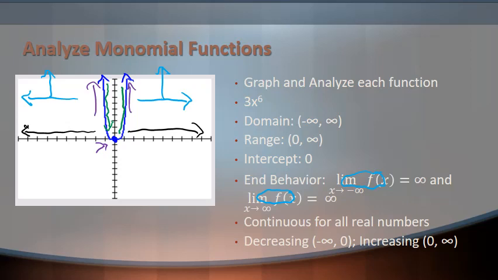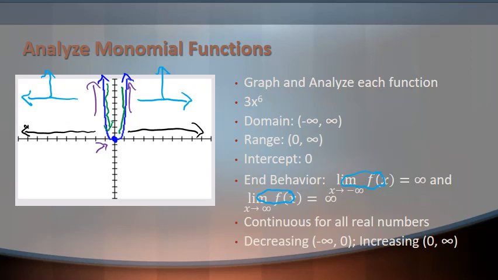So there we are. We take the graph 3x to the 6th power. The domain is negative infinity to infinity. The range is 0 to infinity. I've got an intercept at 0. I have an end behavior such that as x is approaching negative infinity, f of x is equal to infinity, and as x is approaching positive infinity, f of x is equal to infinity.